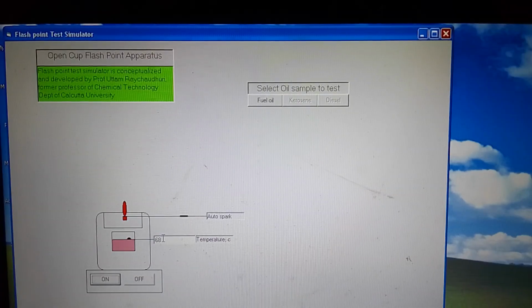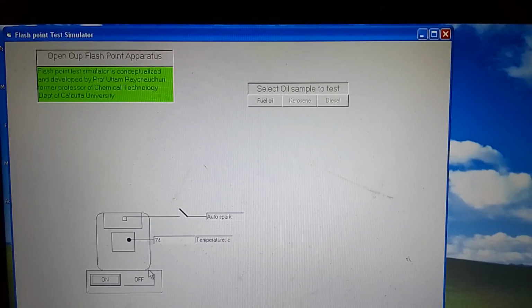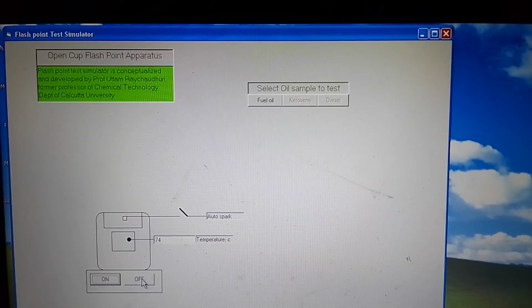At 66 you will find that the continuous flame has been produced and the sample is completely exhausted. So that is the way of the experiment for determination of the flash point of any petroleum product.